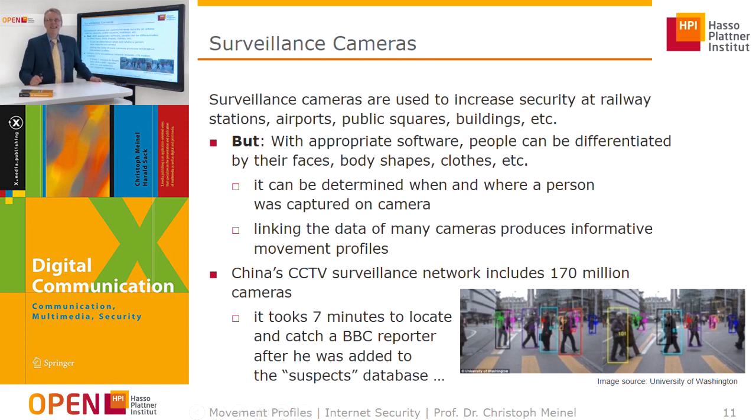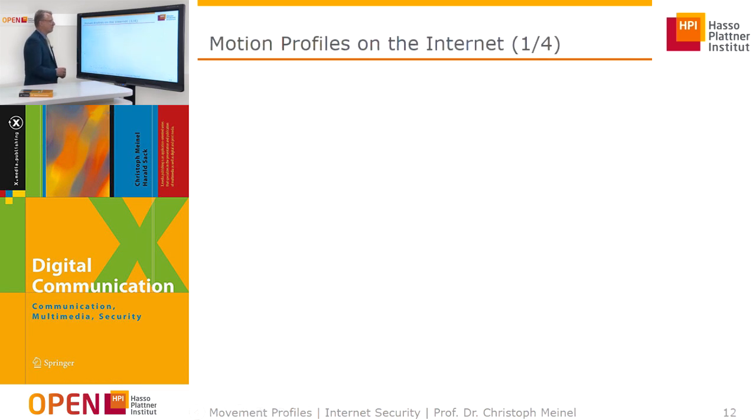It took 7 minutes to locate and catch a BBC reporter after he was added to the suspect database. This is done by connecting all the data of this huge number of surveillance cameras, interconnecting them and then applying software which can automatically identify persons in those images.